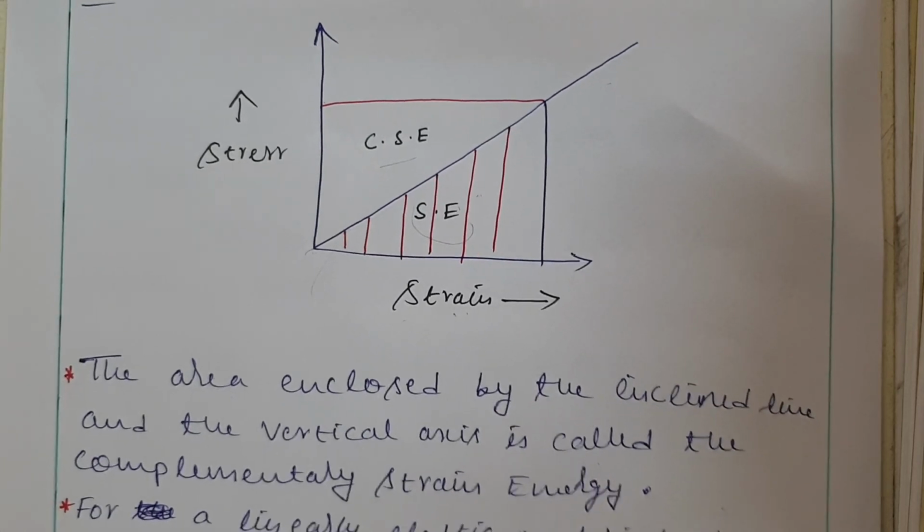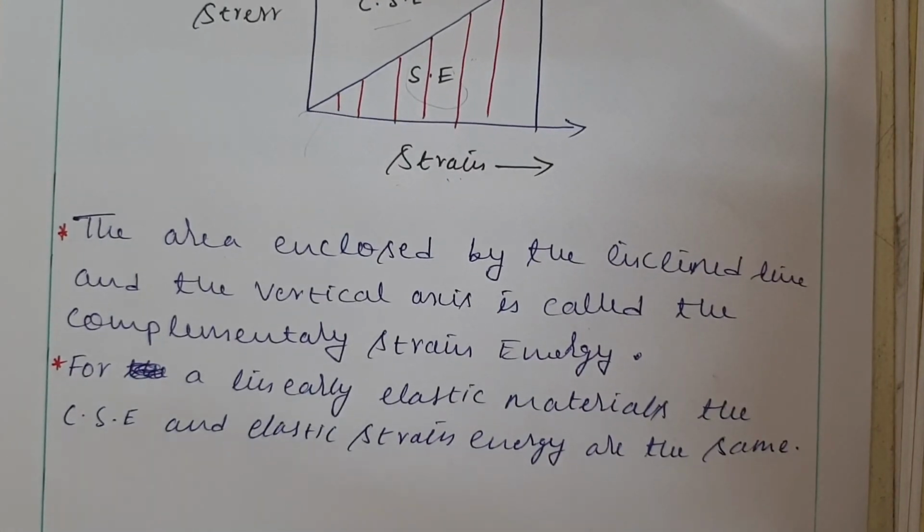Complementary strain energy means this is additional strain energy due to the application of strain energy, and they are one and the same when the material is in elastic limit.